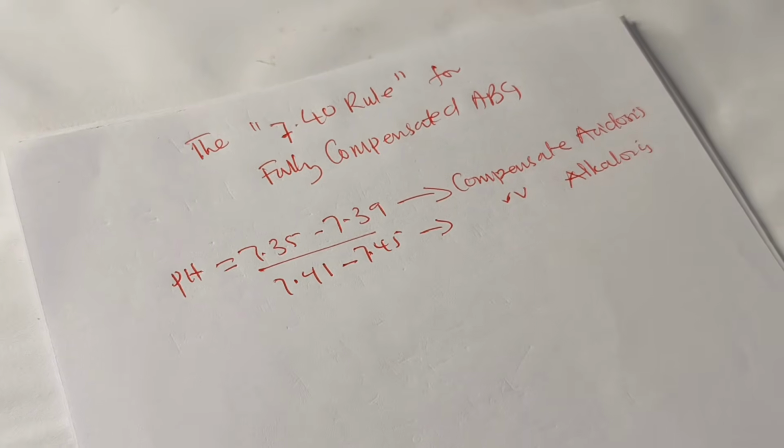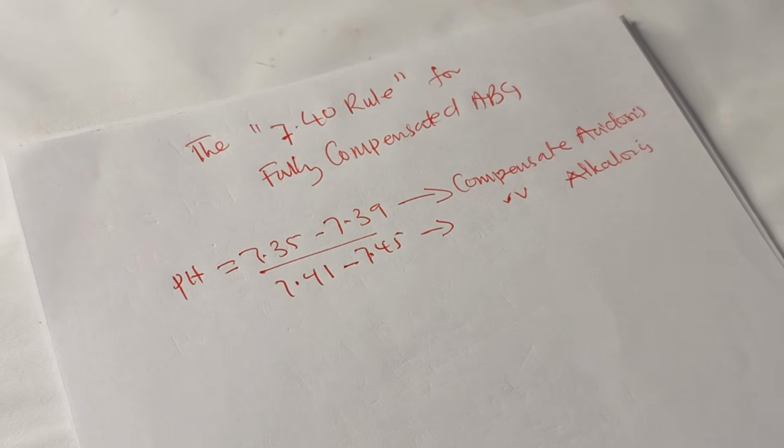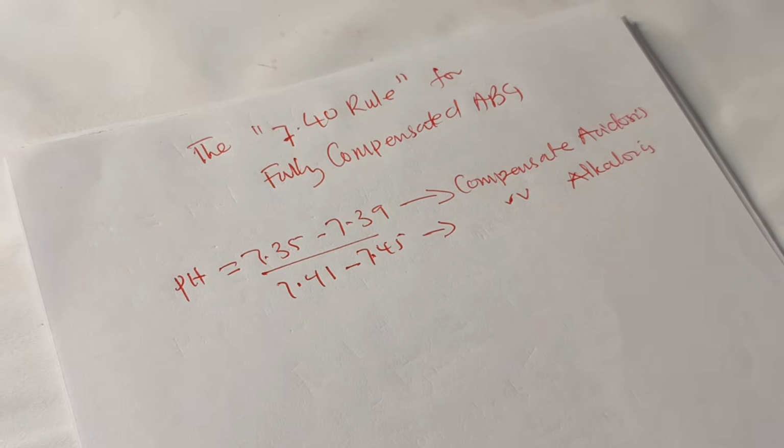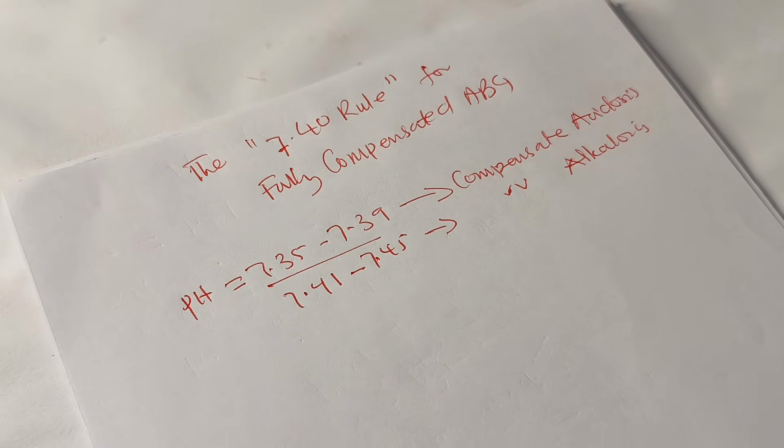So we don't just say the pH is normal, so the ABG is normal. No, it's not, because if the partial pressure of carbon dioxide and bicarbonate are abnormal, something is happening, and that is what you must look for. So that is where we talk about fully compensated, partially compensated, or uncompensated.